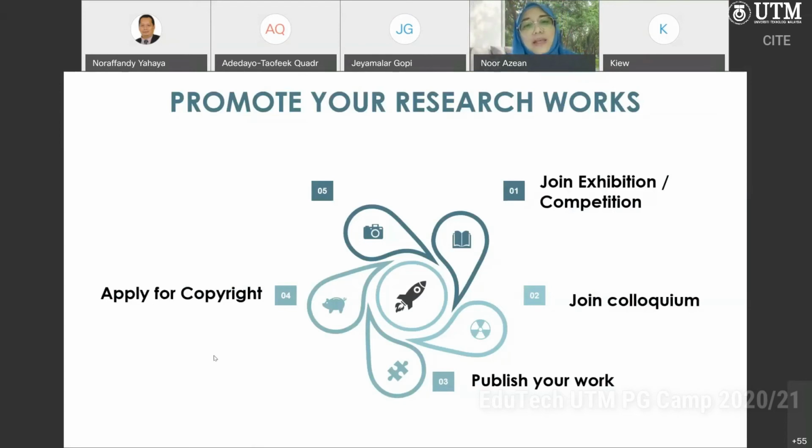Based on that, how can I promote my research? Most of the time I love joining exhibitions and competitions. My first experience was with my supervisor when I did my PhD.